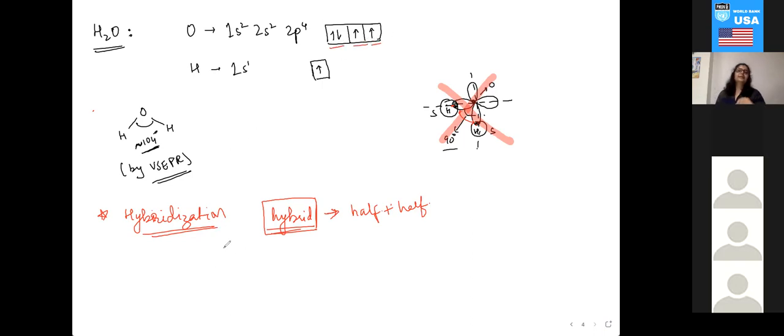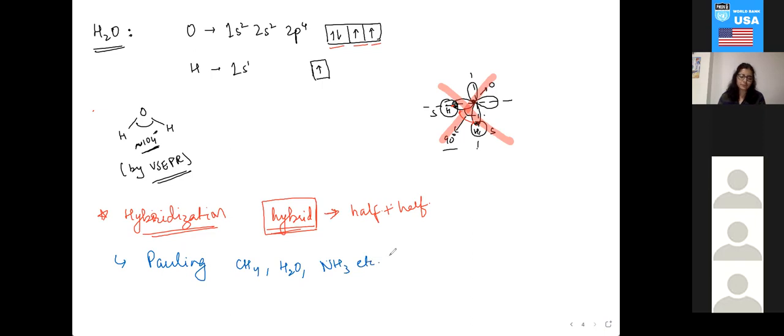Okay. So what hybridization theory, this particular theory tells us is, okay, let's get some basics out of the way. This was explained by Pauling. He was the one who used hybridization to explain the shapes of methane, water, ammonia, these sort of molecules.